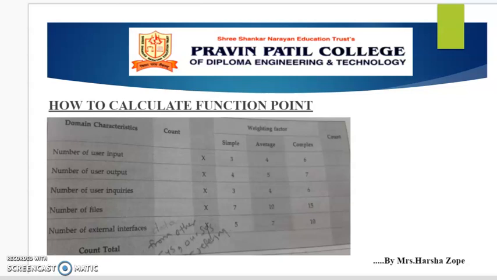Next we'll see how to calculate function point. The data for the following information domain characteristics are collected. For which particular information on your project the data is collected, that we'll see.